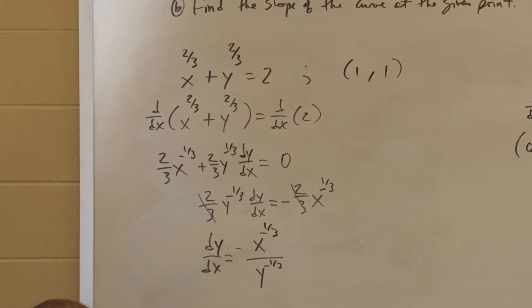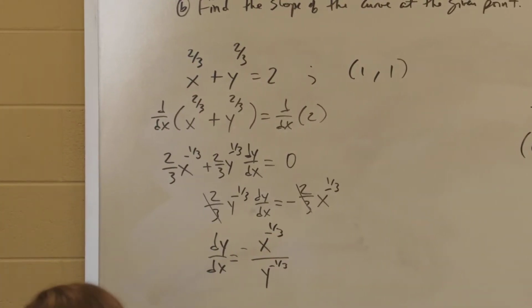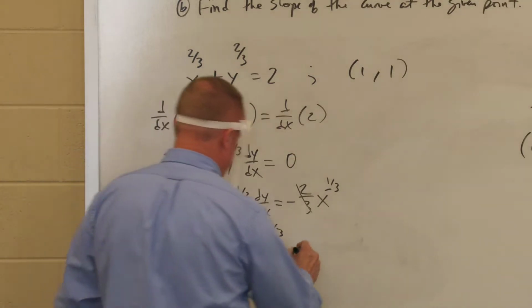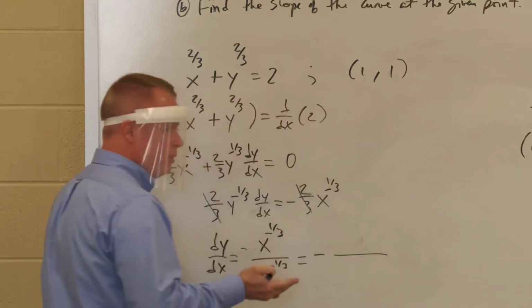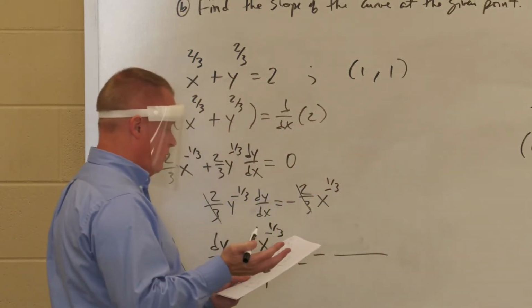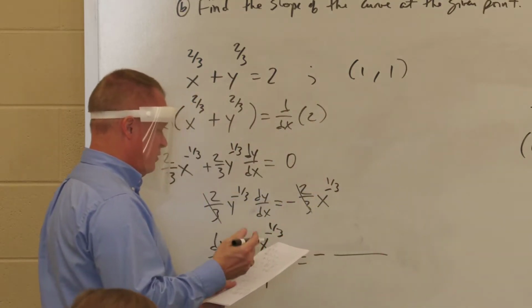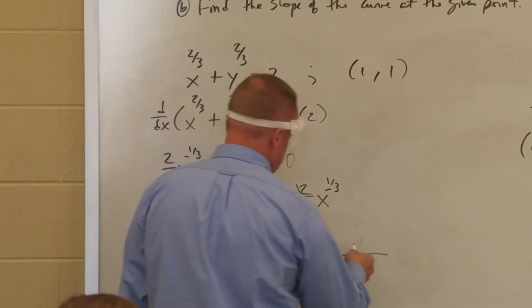Okay, that's fine, except we don't really want the negative exponents. To fix the negative exponents, just move the x one to the bottom and the y one to the top. So I would end up with the negative, and it's cube root of y. If you want to leave it as y to the 1/3, that's fine, or you can do cube root of y either way.